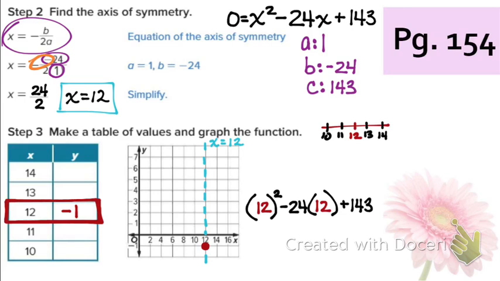Take about a minute and a half. I want you guys to finish filling in this table. So take the other x's, plug them in.